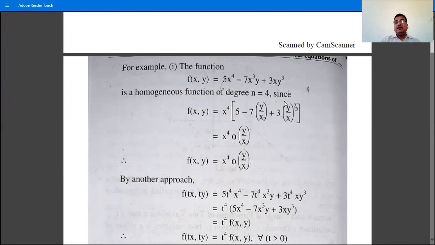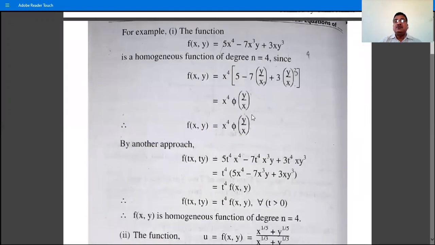So this bracket is a function of y by x, denote it phi of y by x, because if you observe, there are three terms and each term is a power of y by x: y by x raised to 0, y by x raised to 1, and y by x raised to 3. So this function is expressed in the form x raised to 4 into phi of y by x, and therefore f(x,y) is a homogeneous function of degree 4.